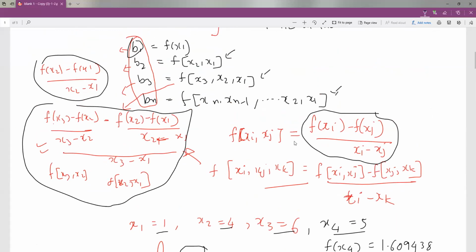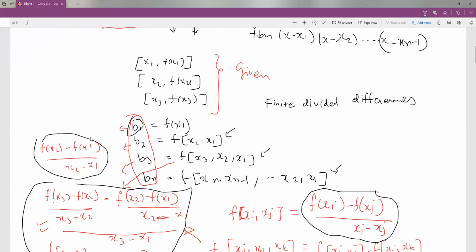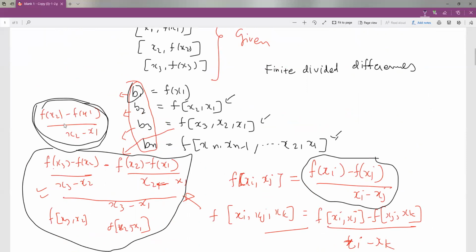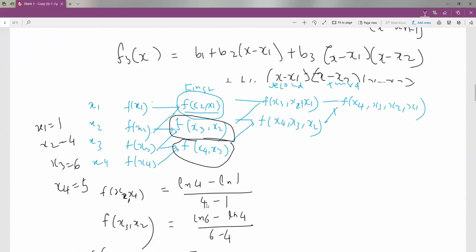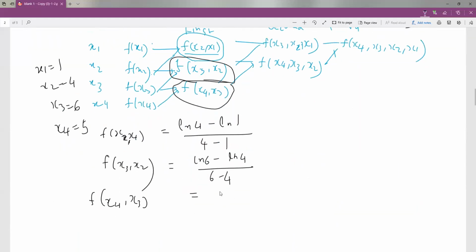So it will be like we have used this formula x2 minus x1. Similarly, you can use x3 minus x2, that is the first divided differences, divided by x3 minus x2. So it is going to give you ln 5 minus ln 6 over 5 minus 6.